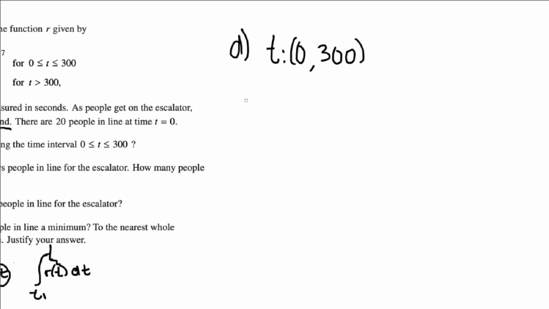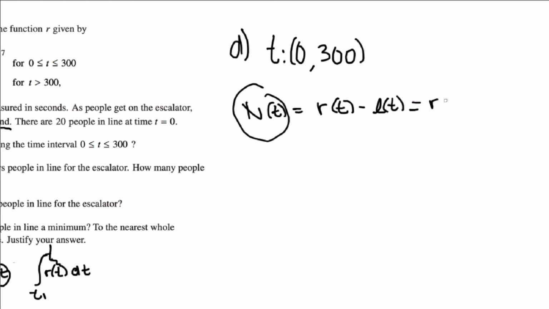So again, let's go back to our net equation. N of t we saw before was equal to R of t minus L of t. And whenever you see minimum or maximum, it's probably a derivative. So N of t isn't the number of people, it's the rate of people on the escalator.